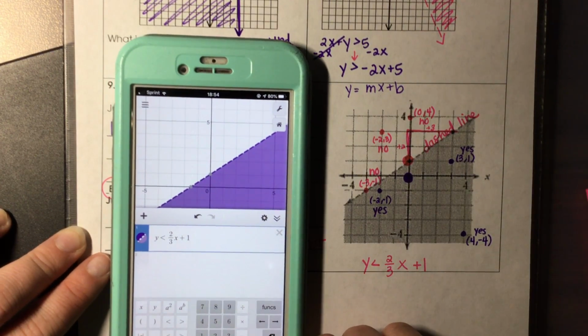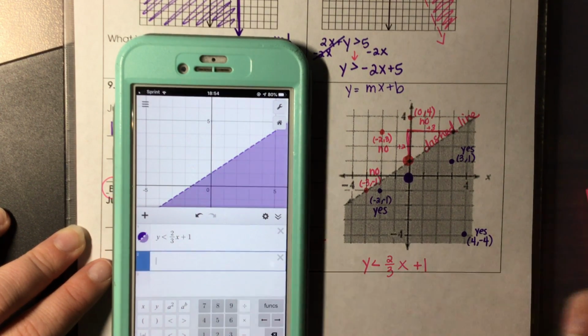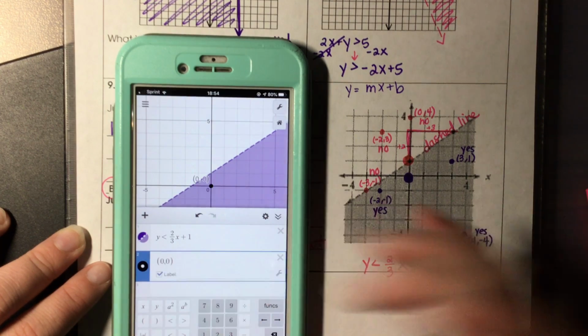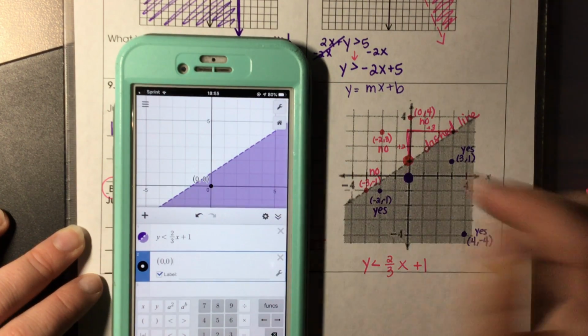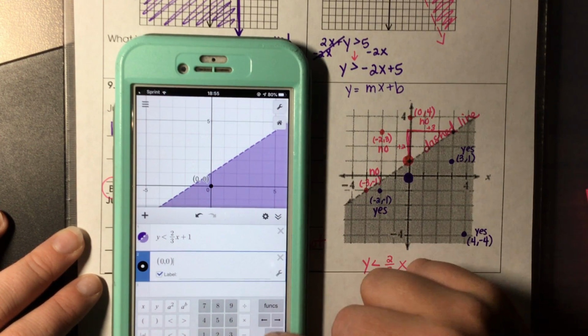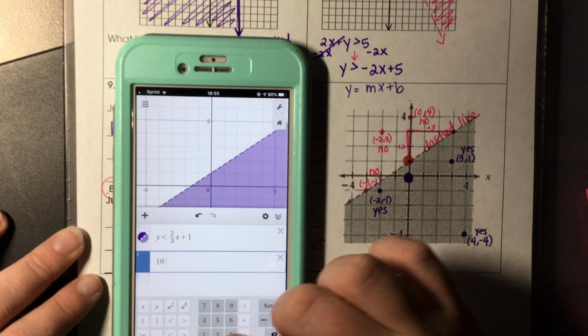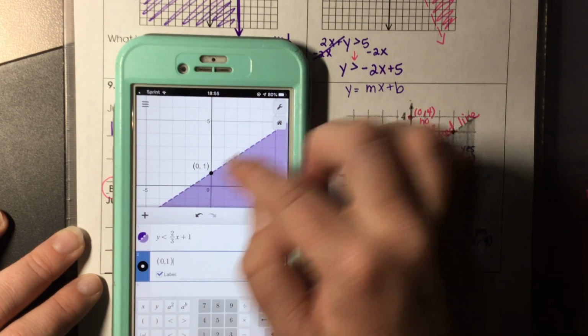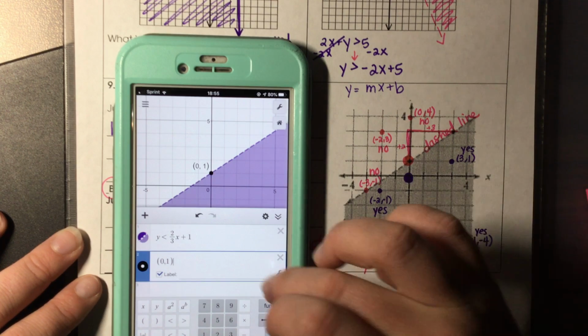Now I can check these points. I plug in the point 0, 0, and I can see that it is a part of the solution, within my shaded zone. I look at the point 0, 1, and I can see that it's on that dashed line, so it's not included.